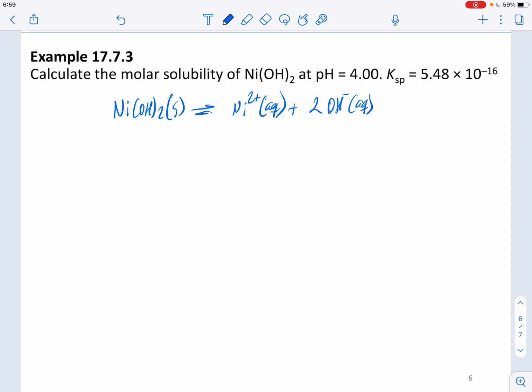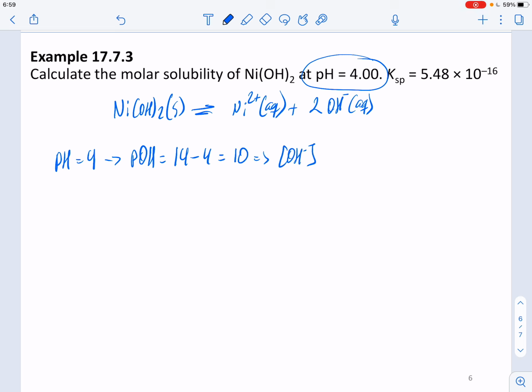Okay, now in this case, because we are using a pH, if pH is equal to 4, then it means that the pOH is equal to 14 minus 4, and that is 10. From here, the concentration of OH minus is going to be 10 to the negative 10.